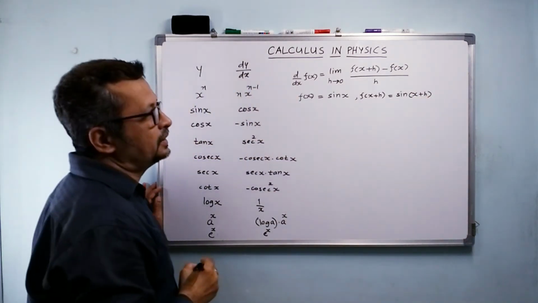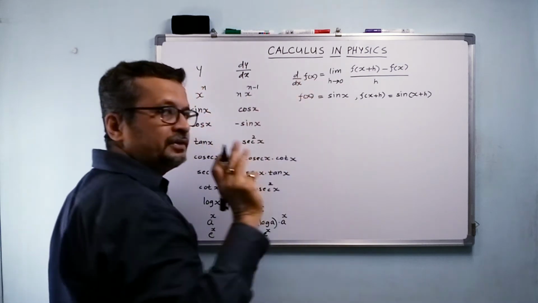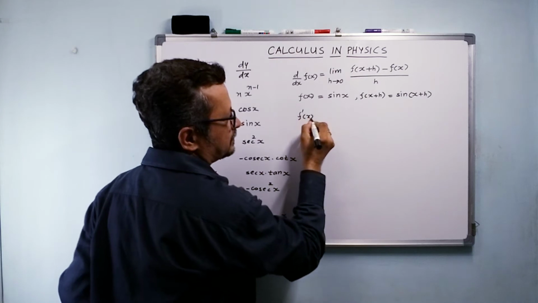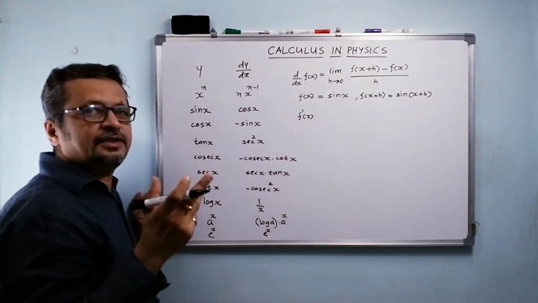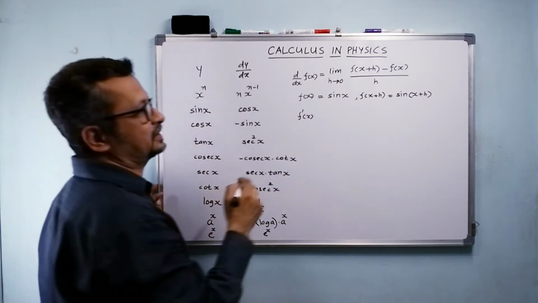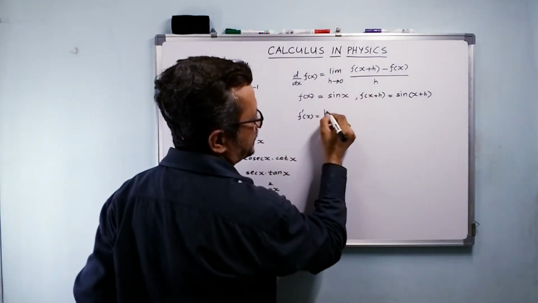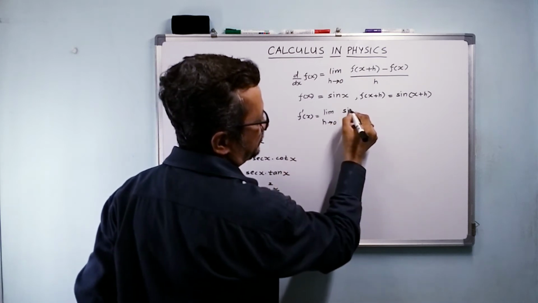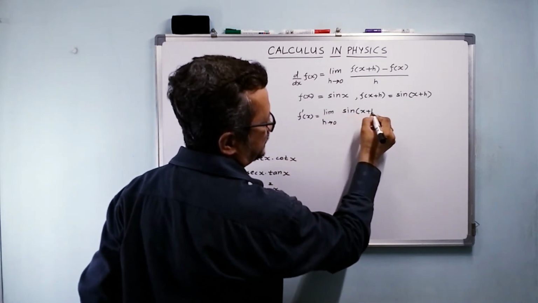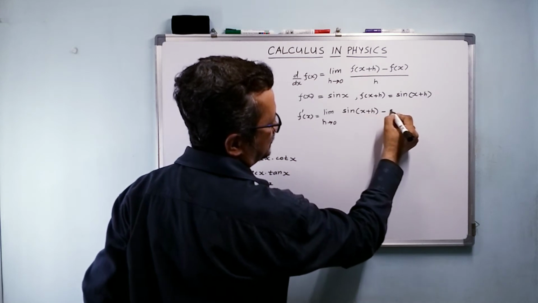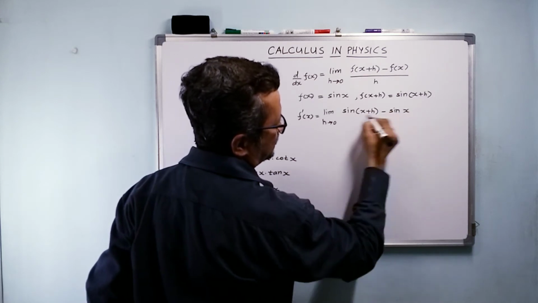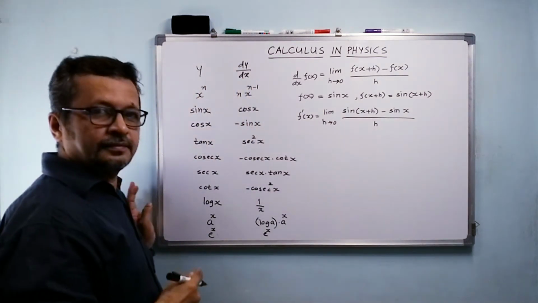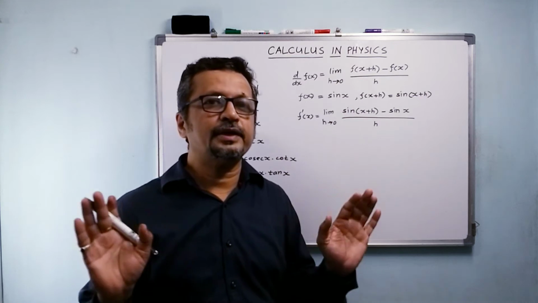So my derivative, now this derivative of f of x, I am going to call f dash x. When they write f dash, it is derivative of f of x. Correct? So that would be equal to limit as h tends to 0 sin of x plus h minus sin of x divided by h.